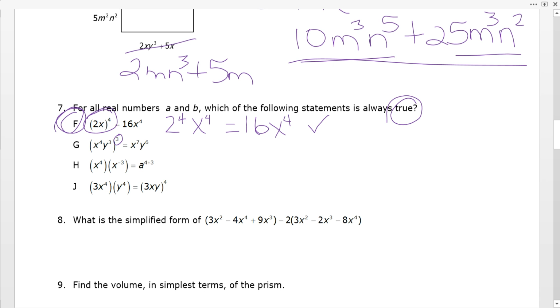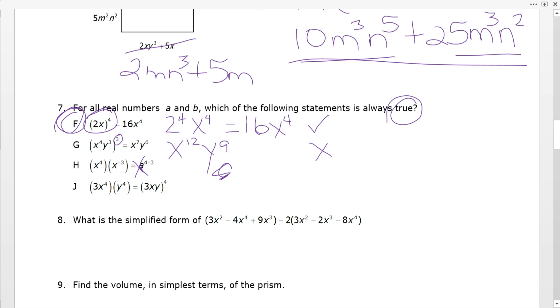Okay, when I have this, I have to multiply. So this one should be x to the 12, y to the 9. So it is incorrect. H, I add my exponents together, so that one should be, there's that a again, that should be an x.